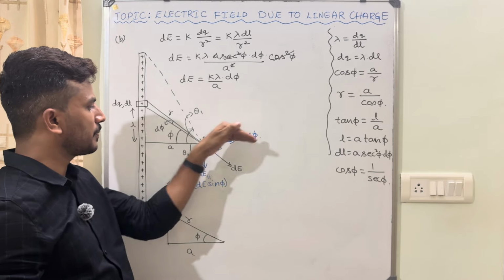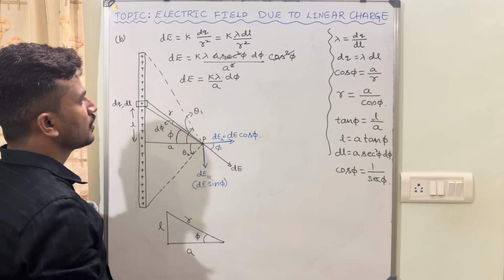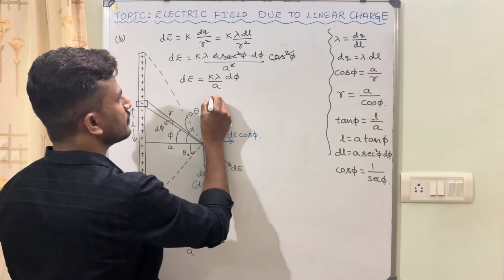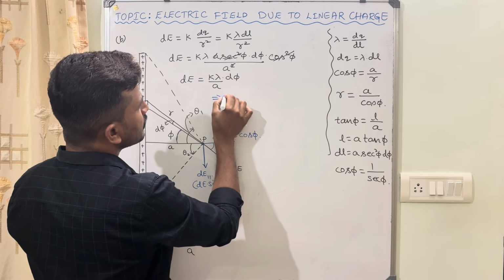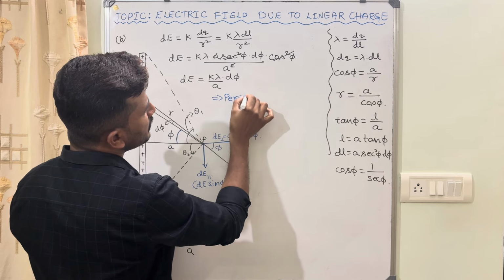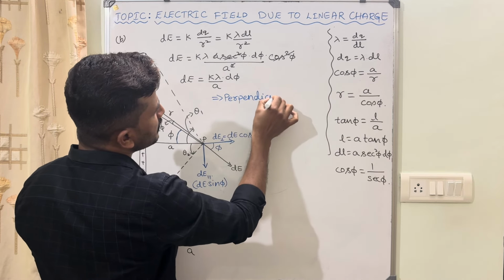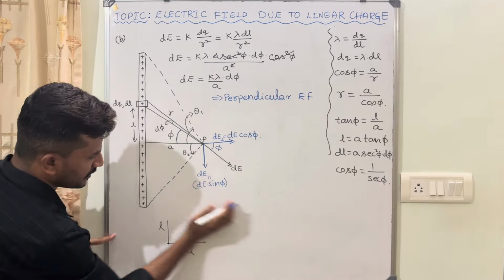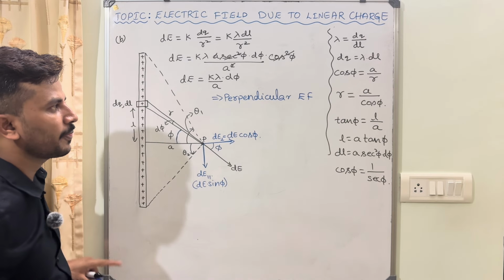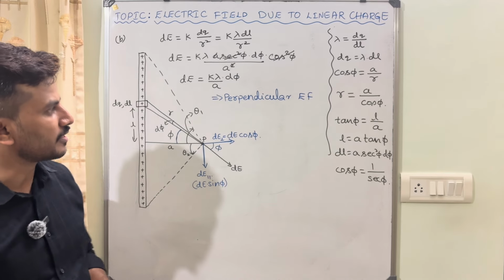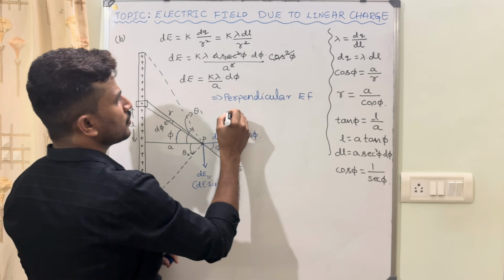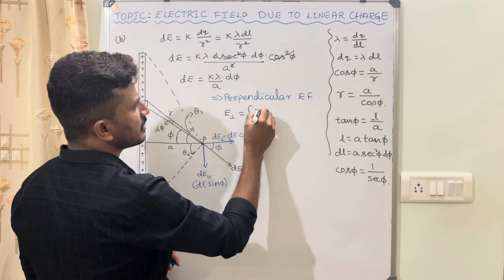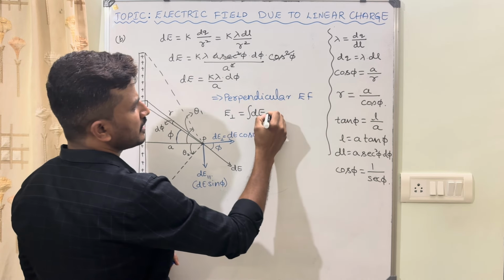Now calculate perpendicular and parallel. So first I will calculate the perpendicular electric field. Okay, let me erase this. If you want, you can write it separately. Perpendicular electric field. So E perpendicular is equal to integration of dE perpendicular, that is dE cos phi.